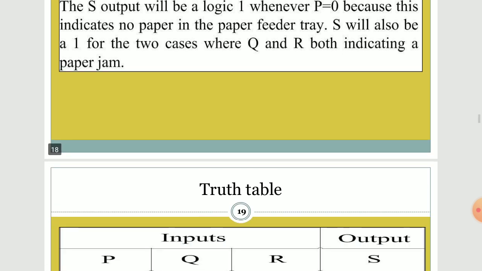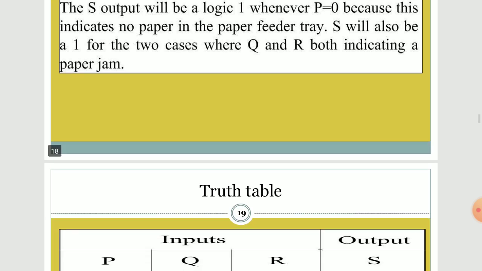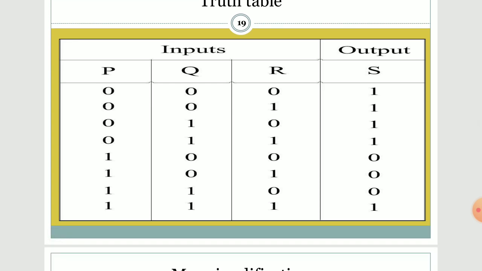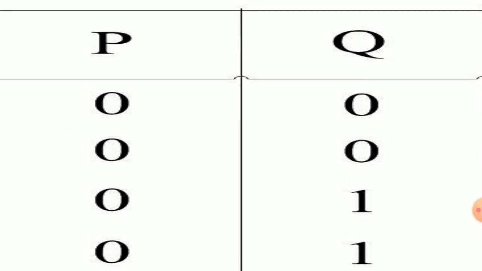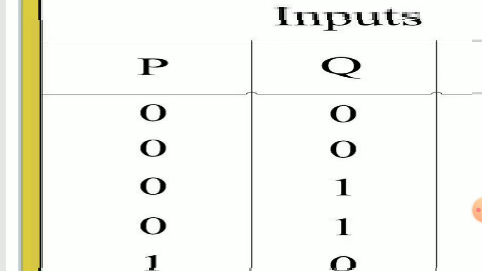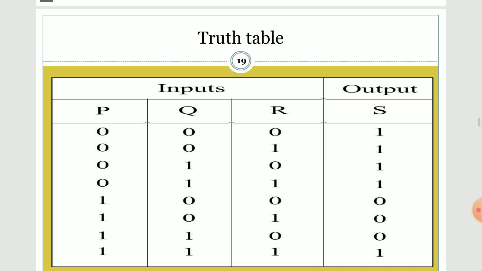After analysis we can see that the output will be 1 when the value of P is equal to 0. For the first 4 items, P is equal to 0. That's why we will get output 1 here.